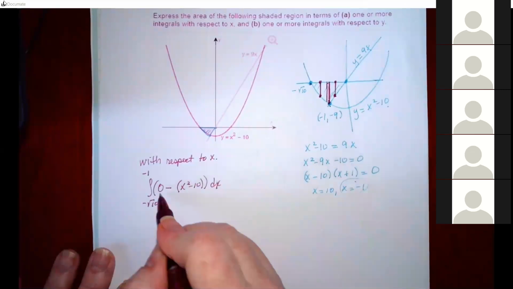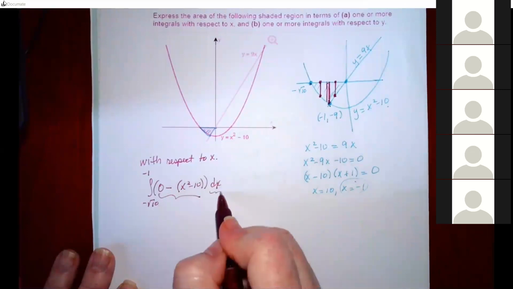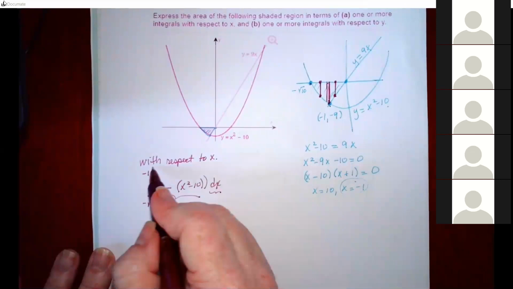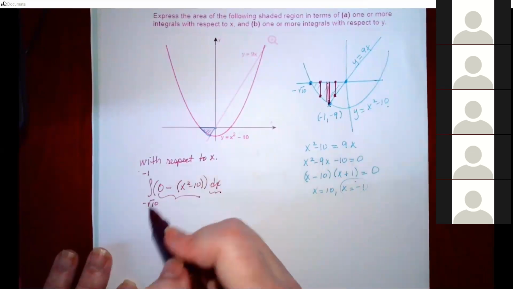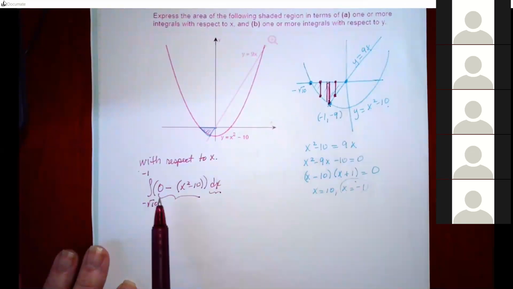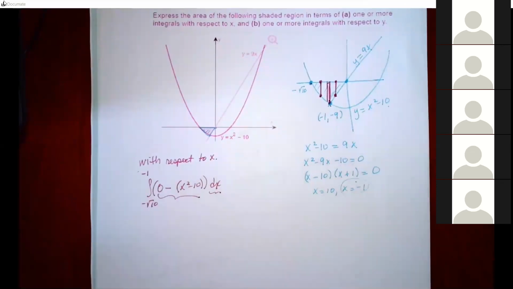This is the height of the rectangles. This is the width. So this part, remember, is a limit of the number of rectangles going to infinity between those two x values. So what we're basically doing, with this limiting of a sum process, is adding up the areas of these infinitely many rectangles, like I said, on an intuitive level.